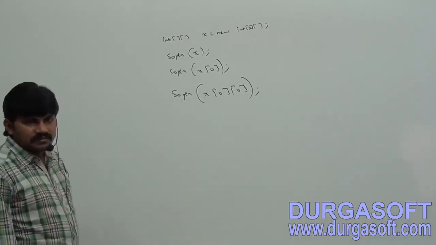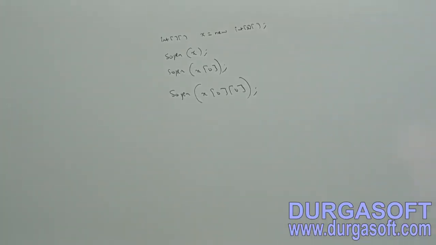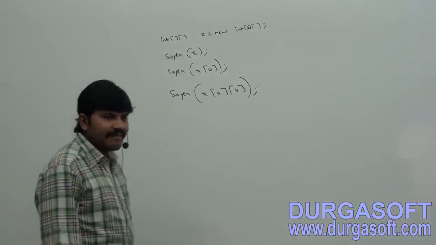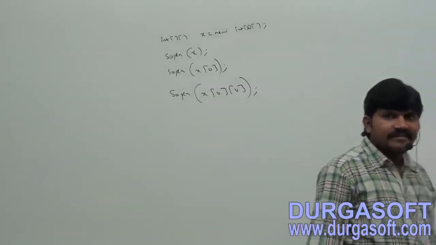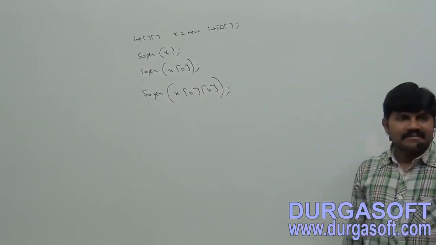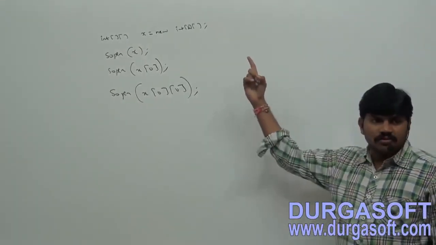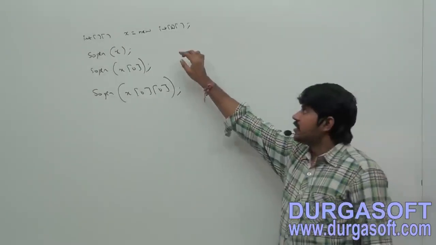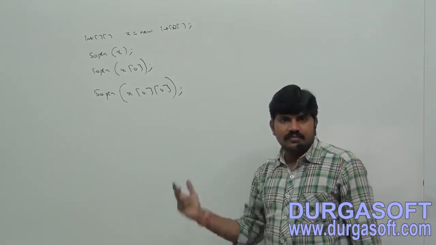Now what is the answer? Are you getting? I did some change. Have you identified what change? Here 2 3 was there, 3 I removed. What is the answer?